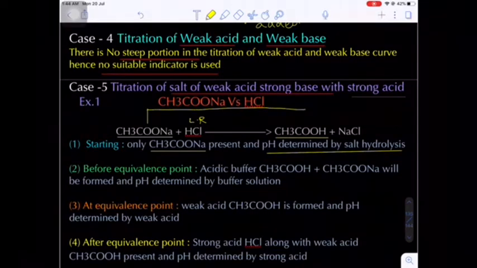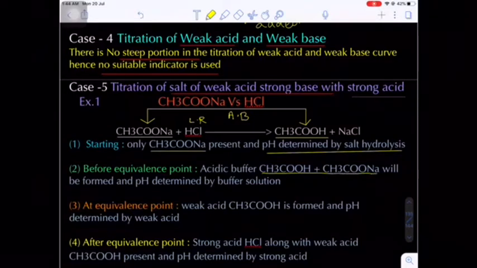That means in the solution we have sodium acetate, CH3COONa, and acetic acid, CH3COOH. The mixture of these two is referred to as what? Acidic buffer. That means before the equivalent point you get an acidic buffer solution.